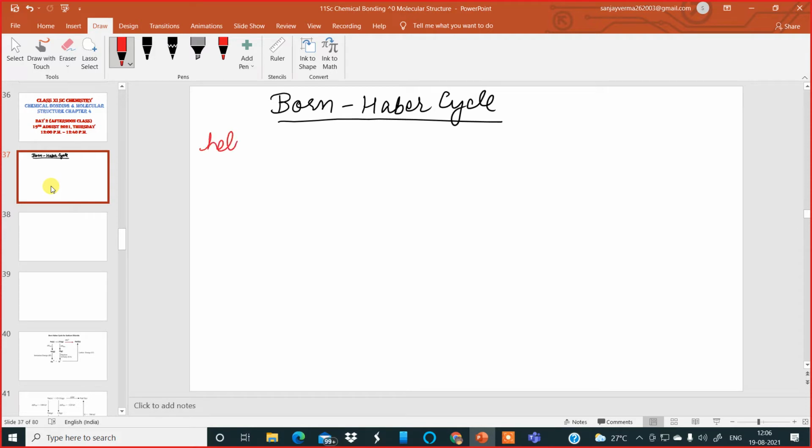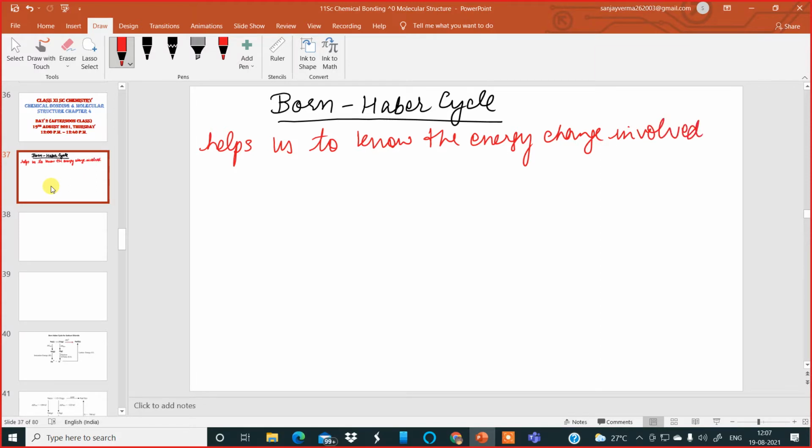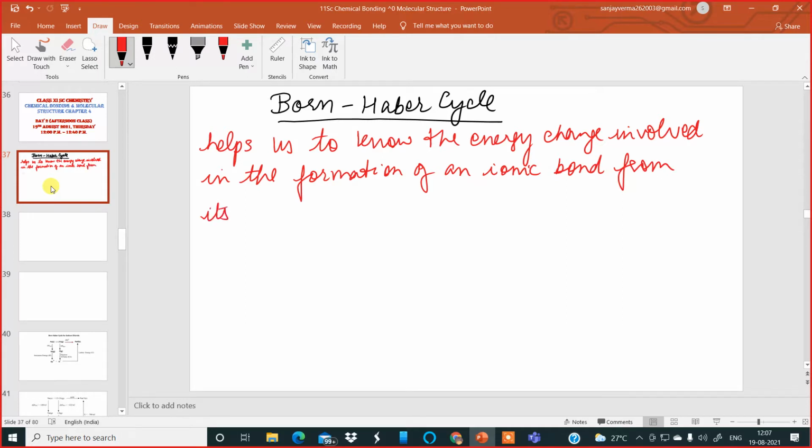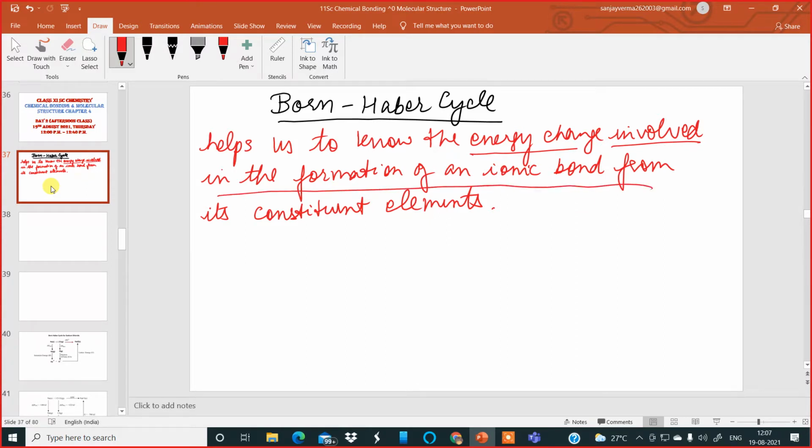It helps us know the energy change involved in the formation of an ionic bond from its constituent elements.